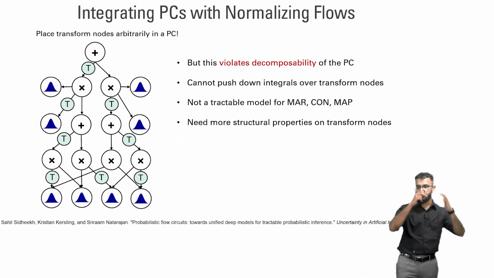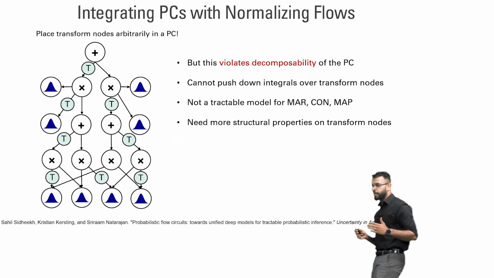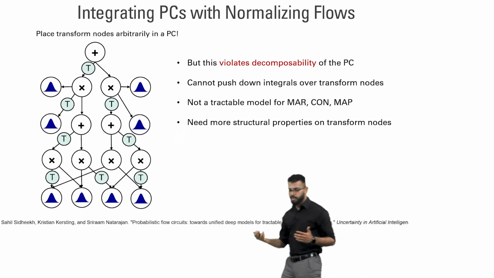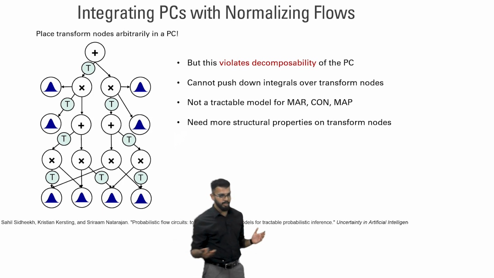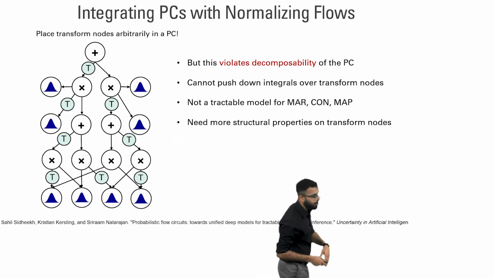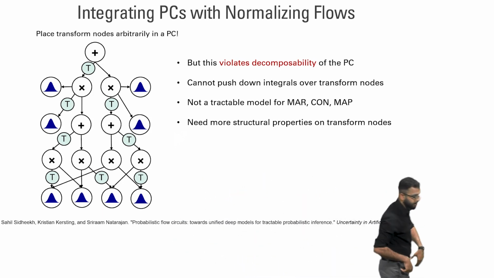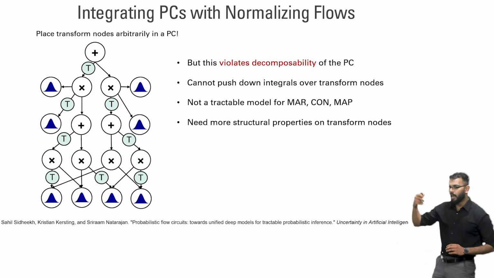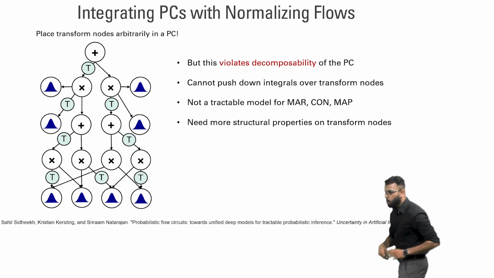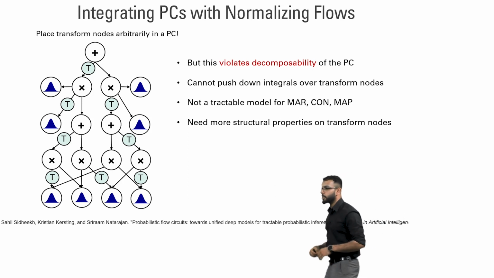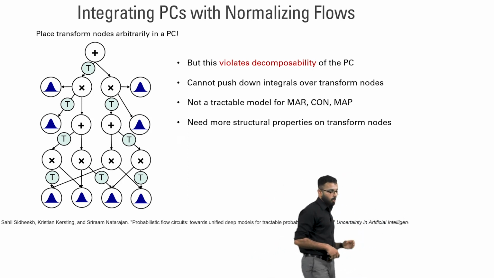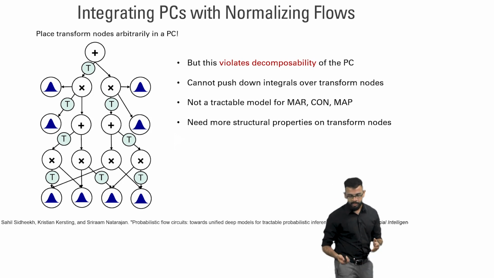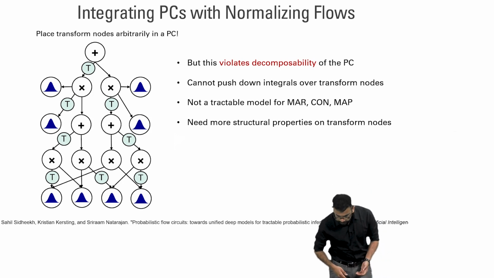The way we proved that PCs can do tractable marginal and conditional inference was that we started with the integrals or summations involved in these computations, and we showed that they can be pushed from a root node until you reach the leaf nodes, right? But when you have these transform nodes in between, these integrals can no longer be pushed down. They block the pushing down.